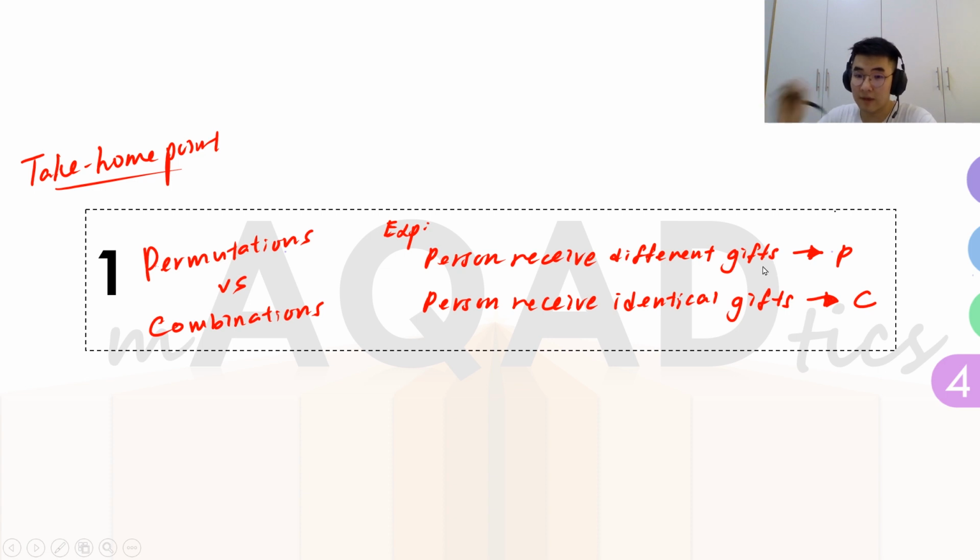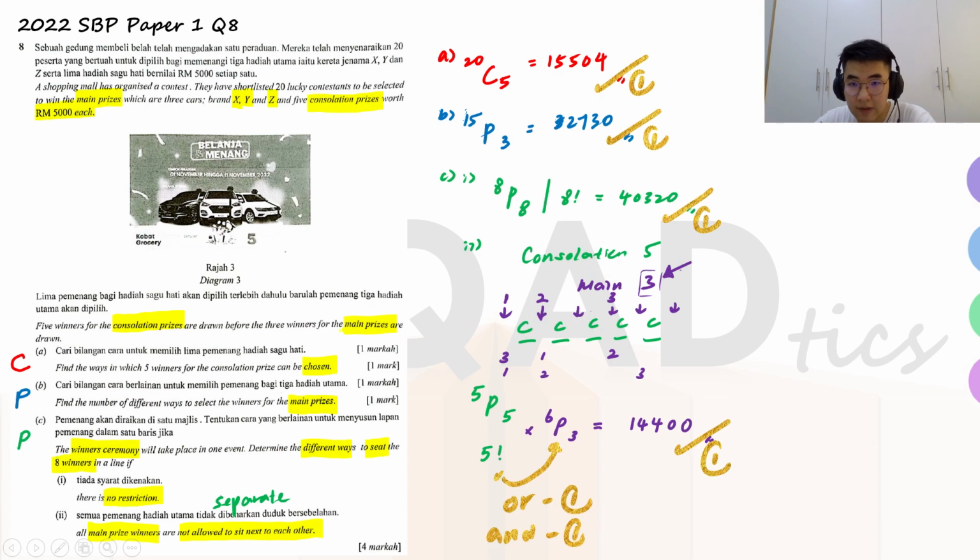If the gifts are different, it involves arrangement, so we use P or permutation. For identical gifts, if we arrange the gifts it doesn't make any changes, so we use combination, because combination doesn't involve arrangement. Here's the answer scheme for this video, and hopefully you have learned something new.